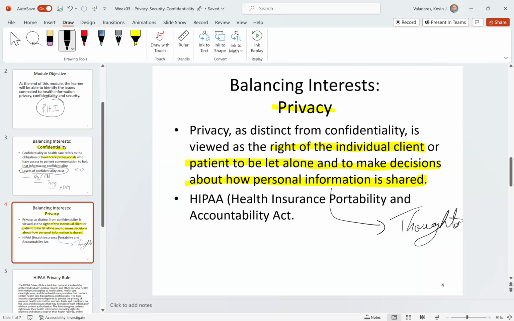A variety of things also encompass the privacy area, and this really comes into play with the notion of HIPAA.